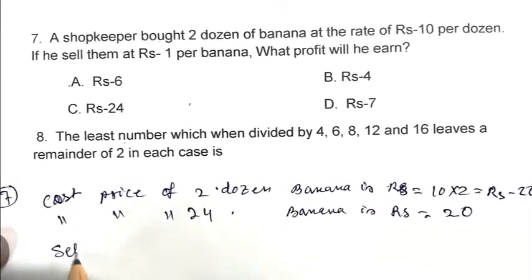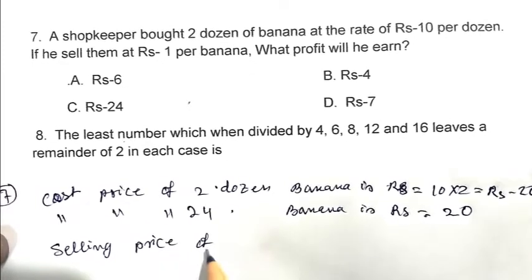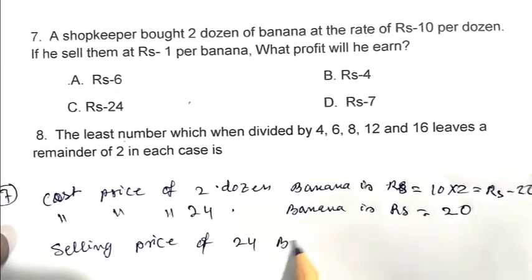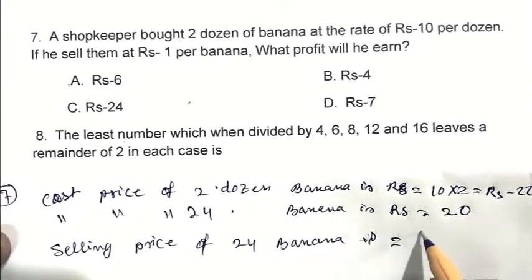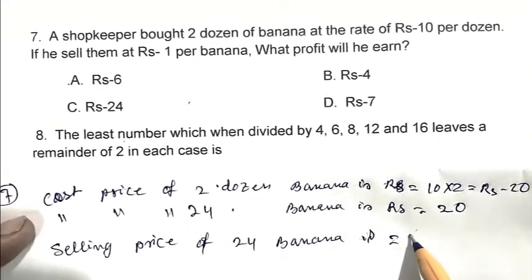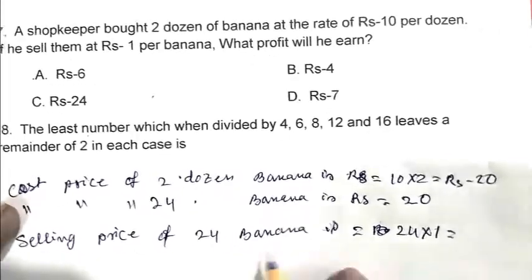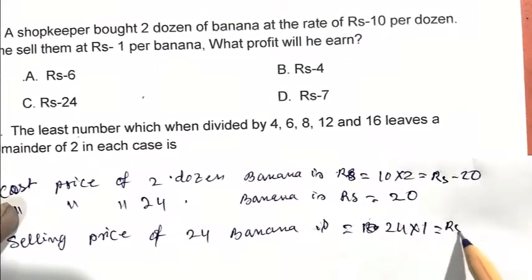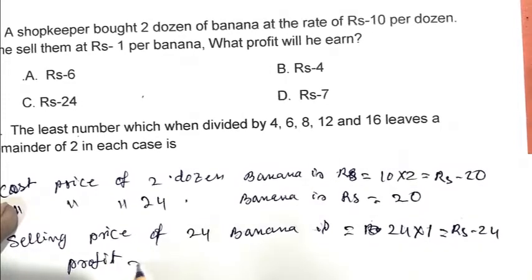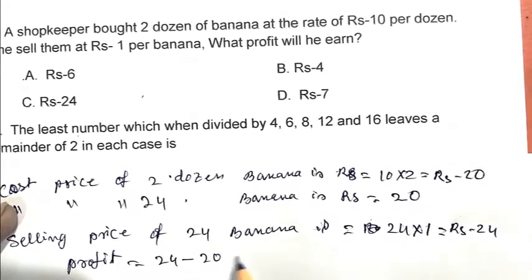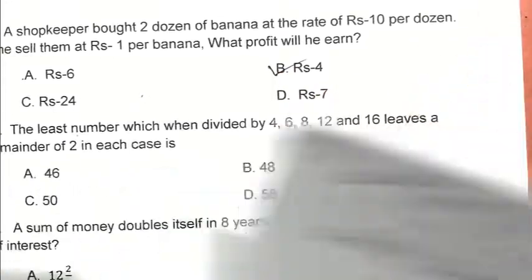So selling price of 24 bananas is rupees 24 into 1, that is rupees 24. So profit is 24 minus 20, that is rupees 4. So B is the right answer.